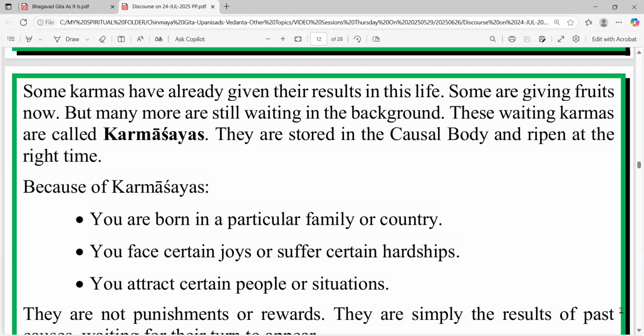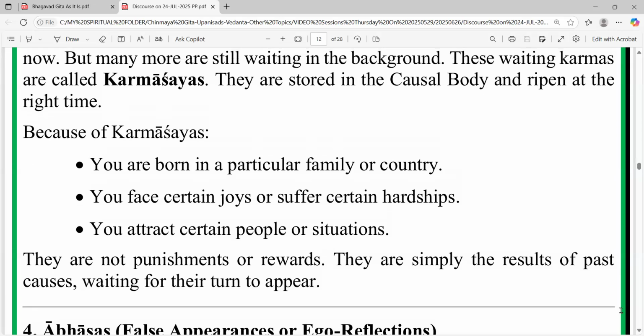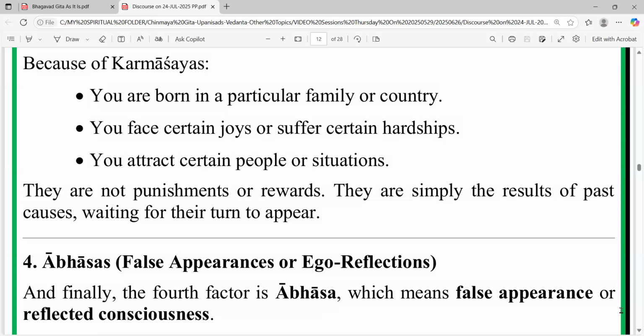These waiting karmas are called karmashayas. They are stored in the causal body and ripen at the right time. Because of karmashayas, you are born in a particular family or country. You face certain joys or suffer certain hardships. You attract certain people or situations. They are not punishments or rewards. They are simply the results of past causes, waiting for their turn to appear.